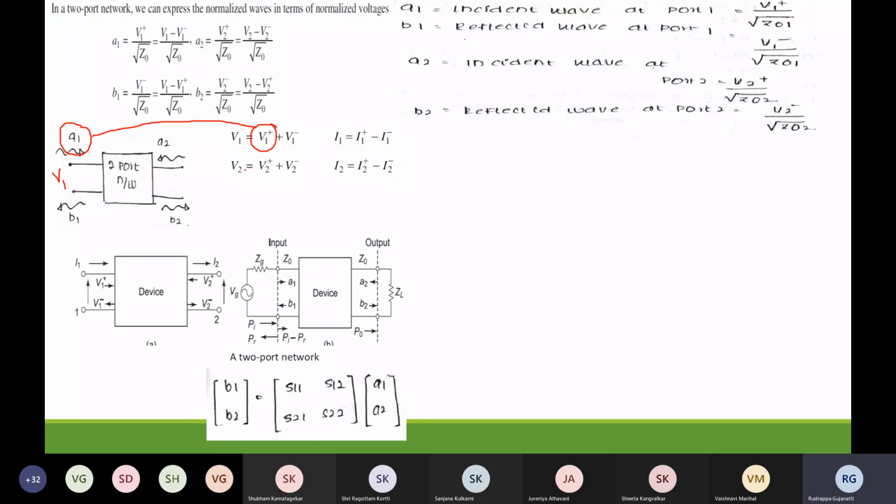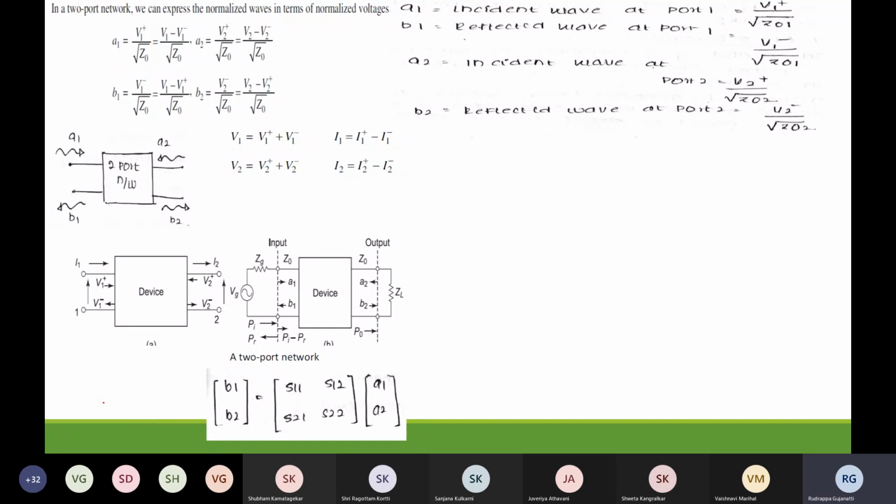If I consider that Z0 is the intrinsic impedance of the network, then I represent A1 as the incident voltage V1 plus divided by square root of Z0.